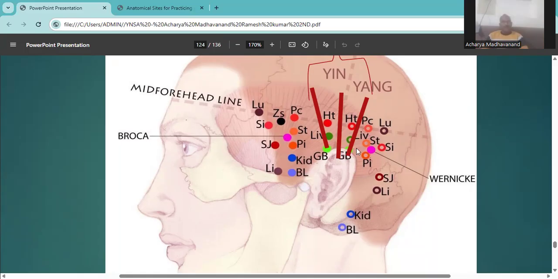The back point is responsible for language management. When you see some child is speaking but cannot manage the words, then use the back point, Varanki's point.